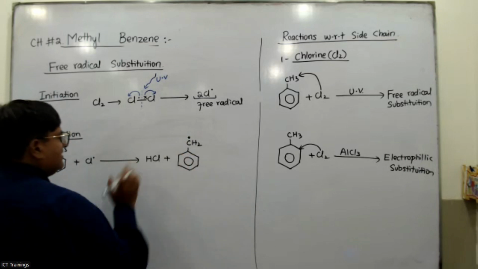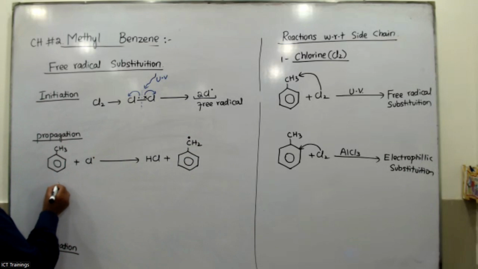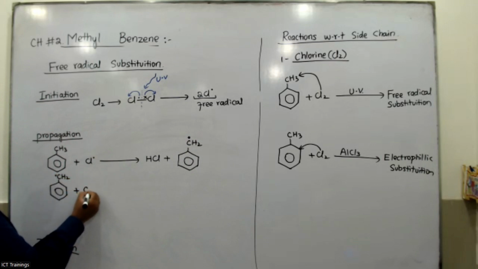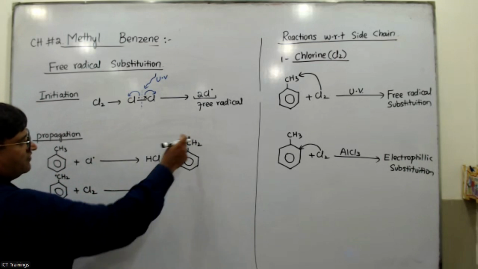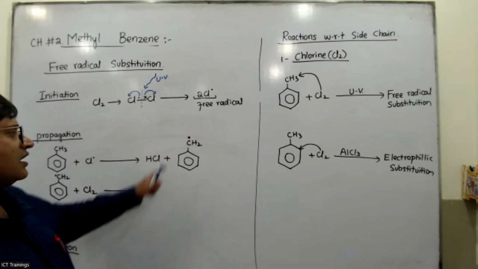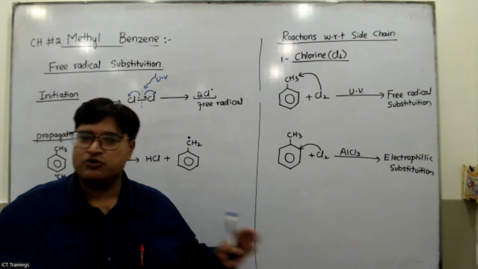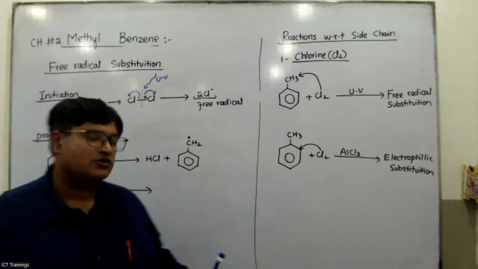Now this free radical, my dear, is reactive. So what does it do? It is going to attack the chlorine molecule. Always remember, whenever a carbon free radical is present, it will attack the chlorine molecule.